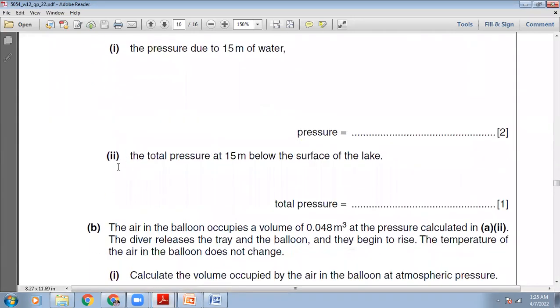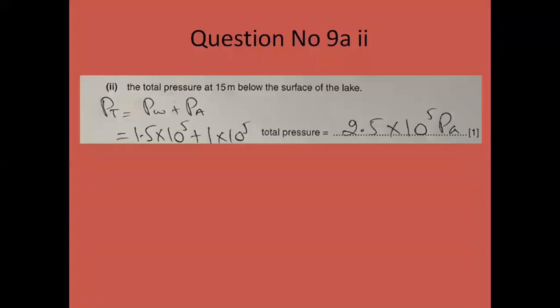Okay, so the next question is the total pressure at 15 meter below the surface of the lake. Below the surface, 15 meter below the surface of the lake, the total pressure will be the pressure of the water plus the atmospheric pressure. So just add the atmospheric pressure and the pressure due to the water.